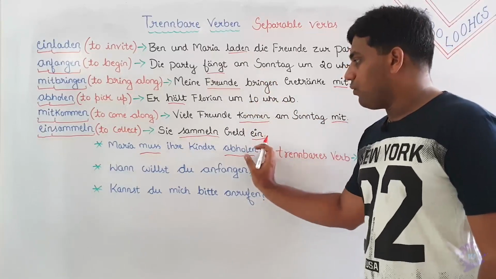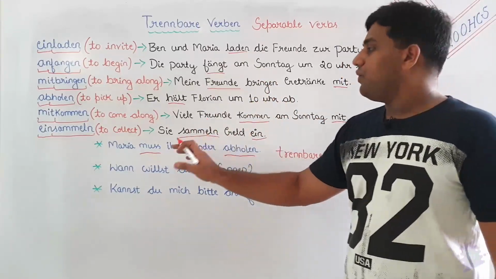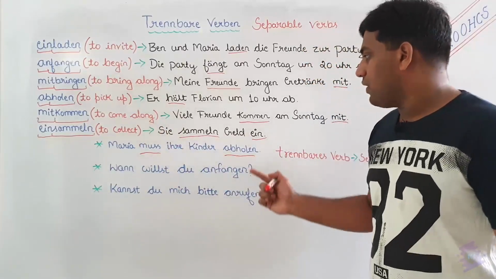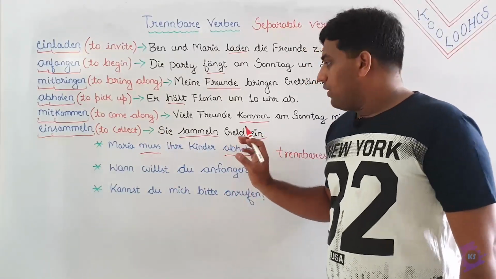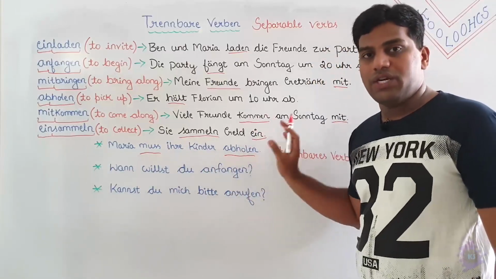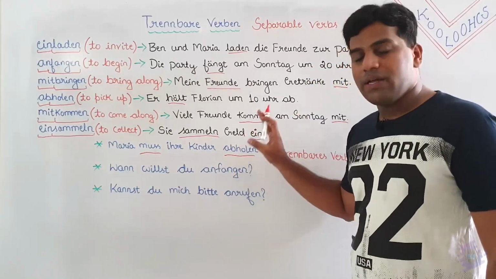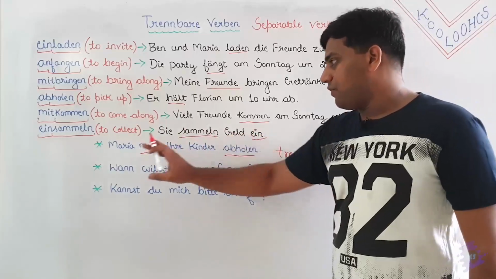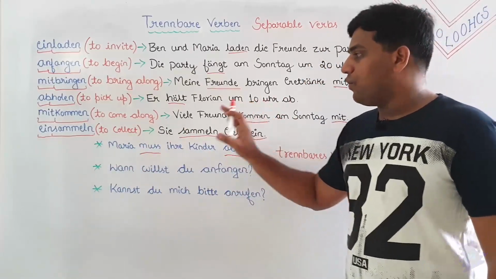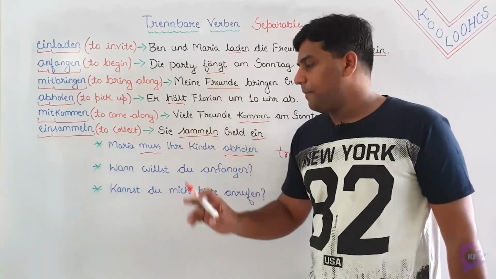The whole verb you have to put in the end when you use a modal verb in the second position. Irrespective of the subject, you keep the separable verb in the end. You don't conjugate it. You only have to conjugate the modal verb.